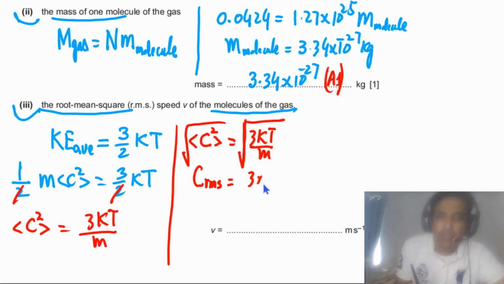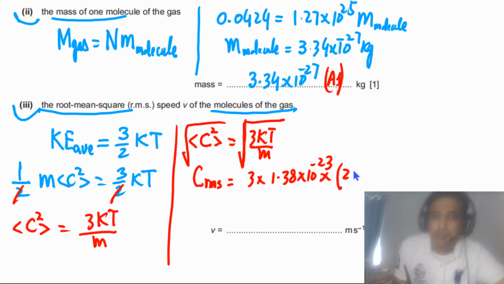We have value of k. k is a constant, the Boltzmann constant, so we have 1.38 times 10 to minus 23, and temperature has to be in kelvins. Temperature given to us was 227 degrees Celsius. We have to convert this into kelvins, and we need to divide by m, the mass of single molecule, which we have just calculated here.